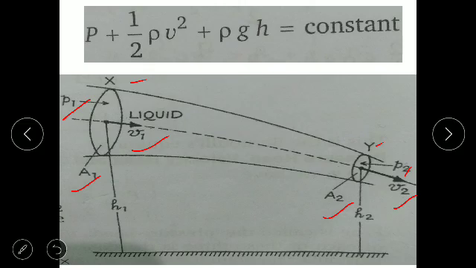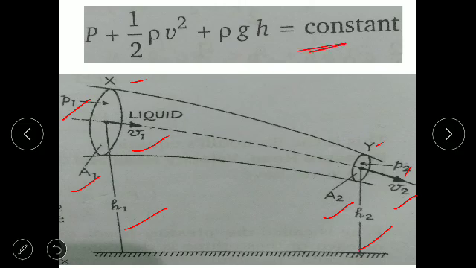So what I'm trying to say is, at each and every point, pressure, area, velocity is changing, and also the height, that is h1 and h2. So at each and every point, pressure energy, kinetic energy, and potential energy is changing. But if you add all the three different types of energy, it will remain the same.